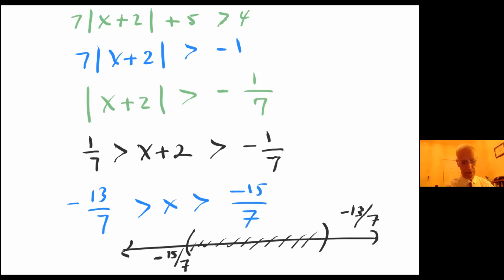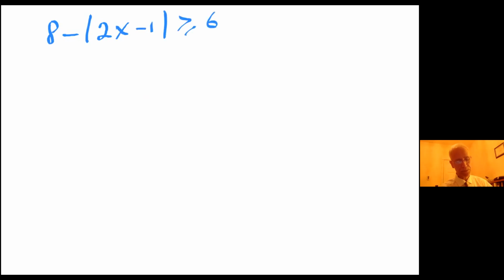Let's do one last one for the sake of practice. Suppose I have 8 minus absolute value of 2x minus 1 greater than or equal to 6. So we said that the first thing we need to do is to isolate the absolute value by itself.